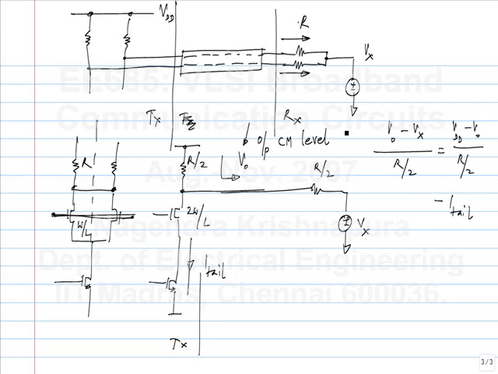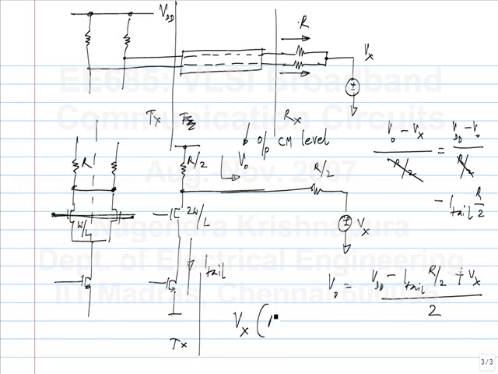V naught is the output common mode level. So if Vx keeps dropping, V naught keeps dropping. Is that easy to see? Because I have used equal resistances, it's quite simple: V naught equals VDD plus Vx minus I tail R by 2, divided by 2. So by changing Vx, I will affect the output common mode voltage of the transmitter.